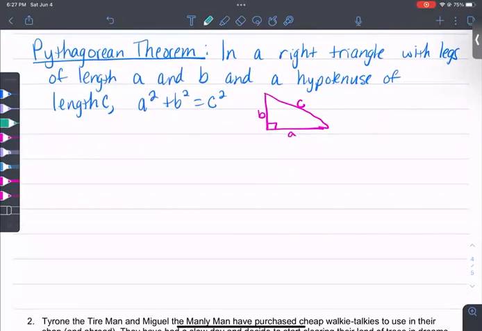So I'm going to do another example that's not a word problem before we do the word problem that goes with this.